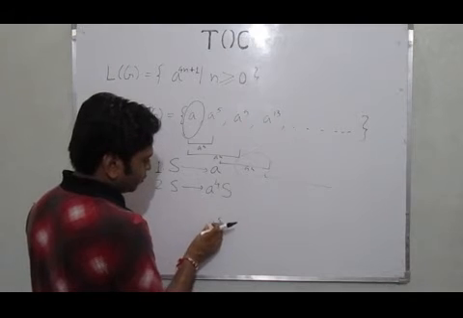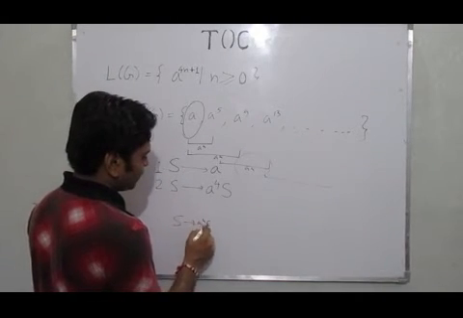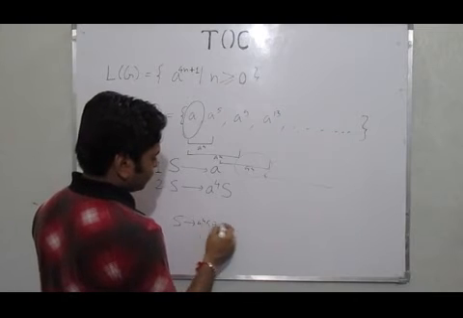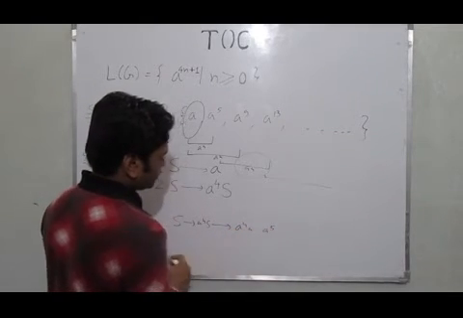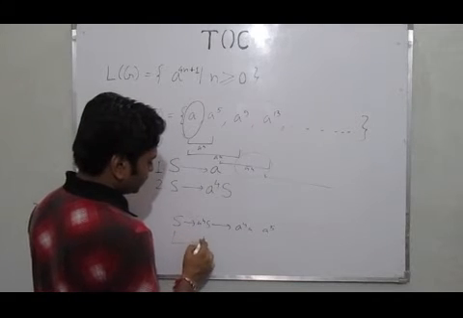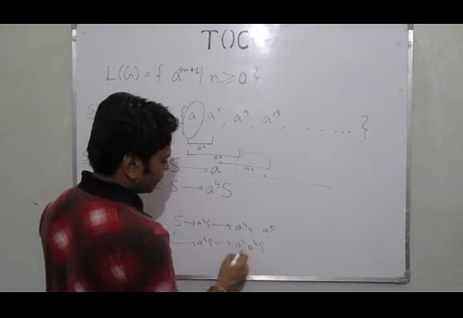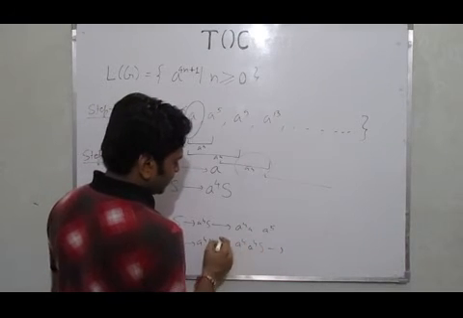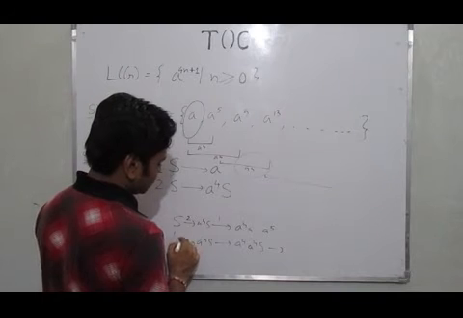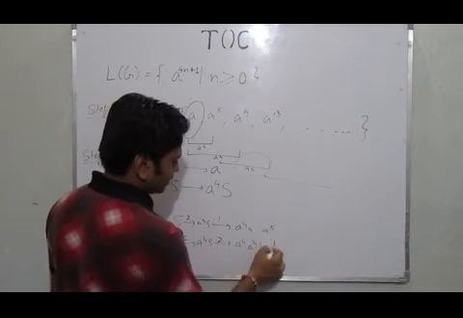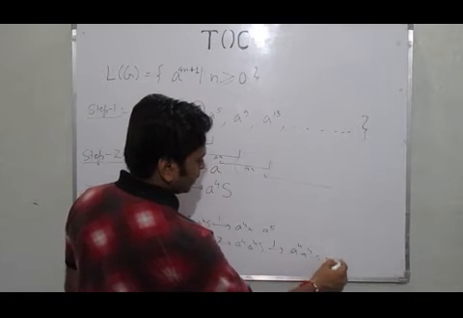Then once I obtain this A5, I can do it once again: S goes to A4S, and it would further go and define A4A, which we will obtain as A5. Then I can call it successively, like A4 and again A4S. From the previous step, I would obtain A4, A4 and A, which is nothing but A9.